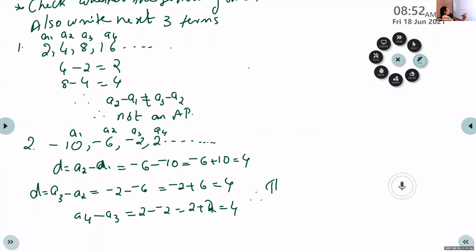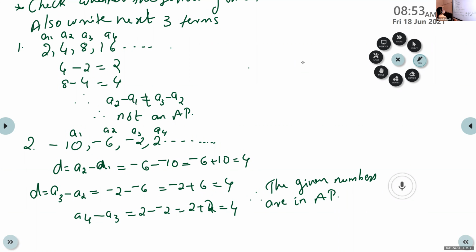The given numbers are in AP, and the common difference is 4.